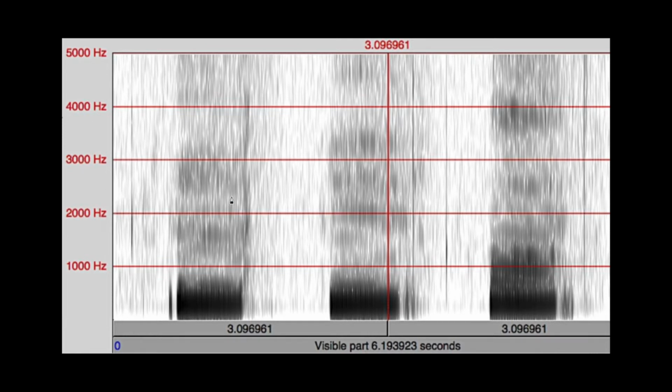The phoneme has an antiformant of 1000 Hz. The phoneme has an antiformant of 2000 Hz. And lastly, the phoneme has a frequency of 3000 Hz, as seen in these illustrations.